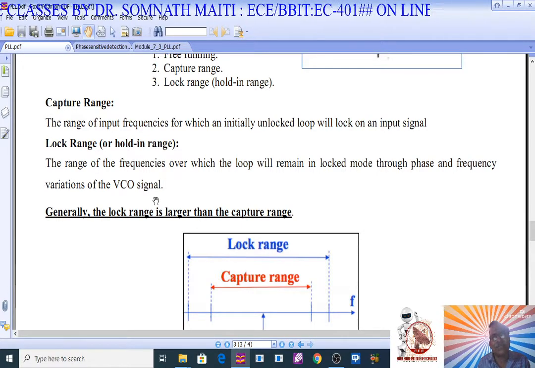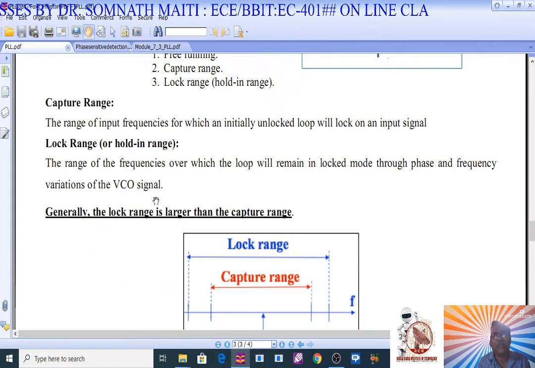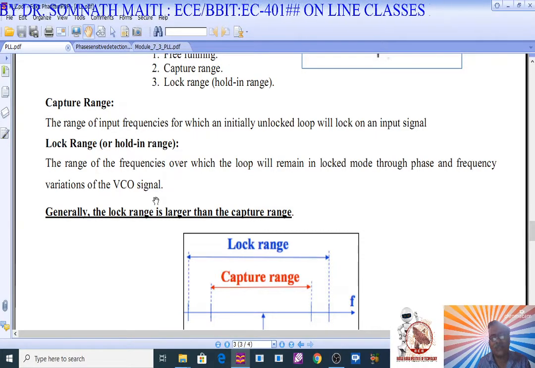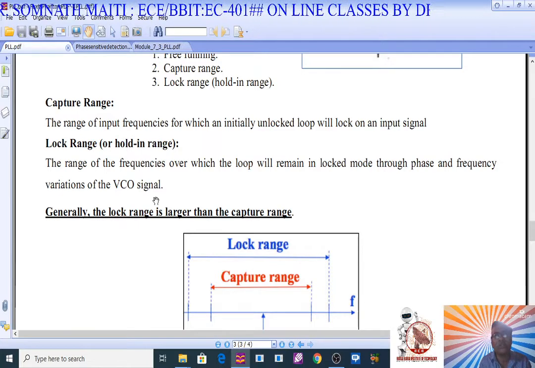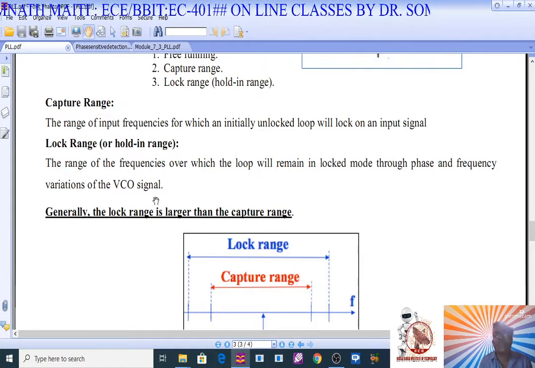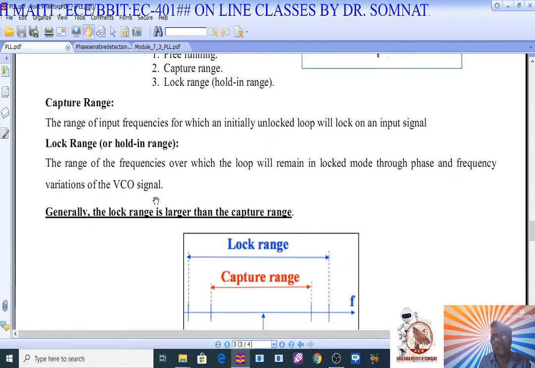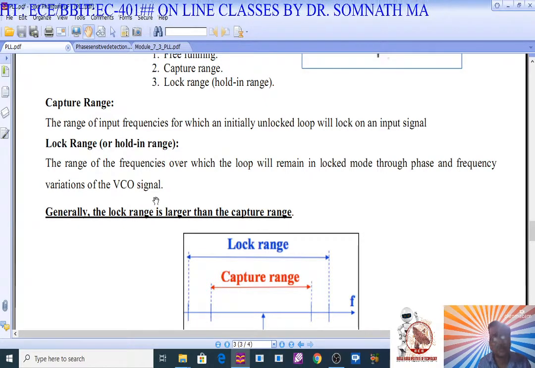Suppose the incoming signal is increasing, the VCO frequency will be increased to match that. How long will it continue? It will continue up to a certain value. Similarly, if the incoming signal frequency decreases, then the VCO frequency will decrease. How long will it be able to catch this decreasing frequency? There is a limit, at the lower value as well as at the higher value.